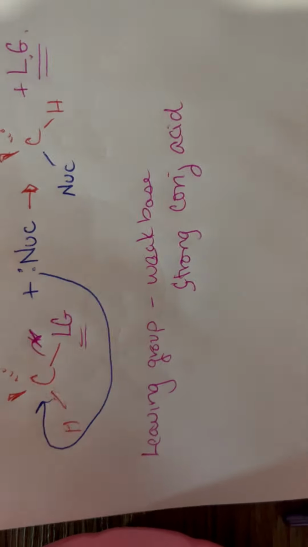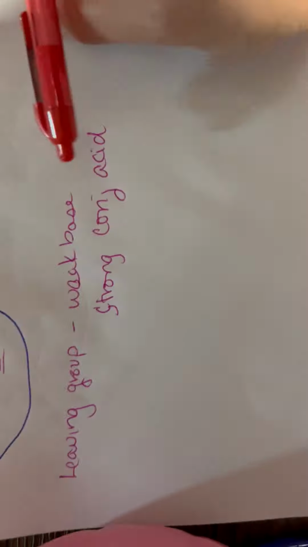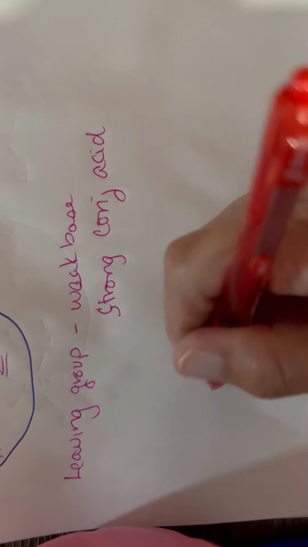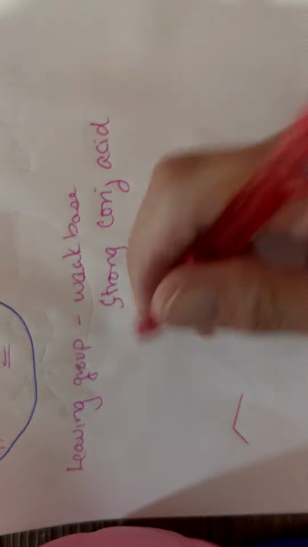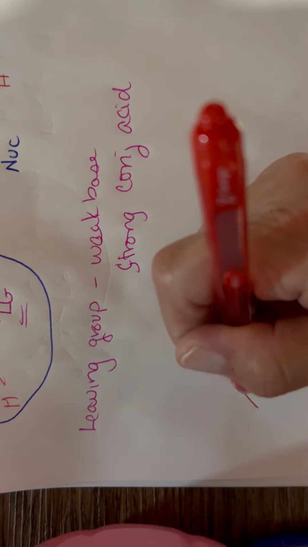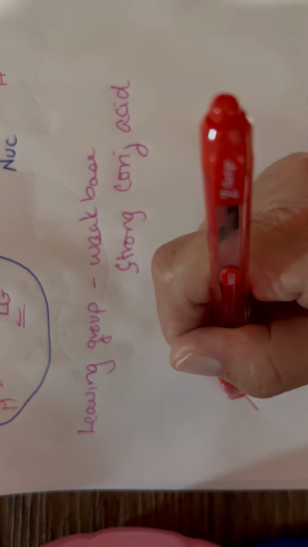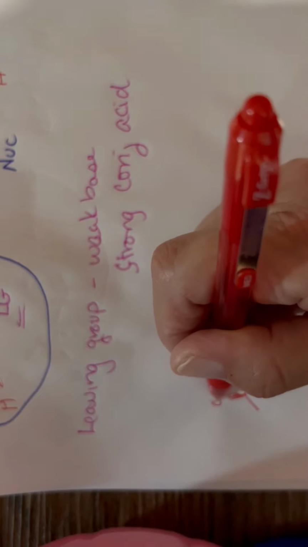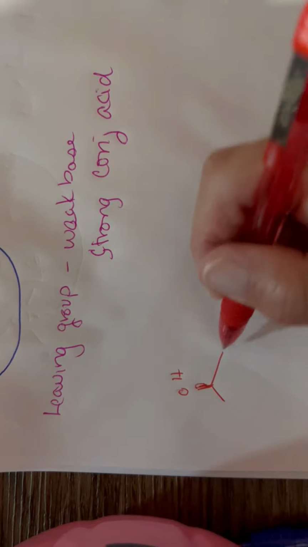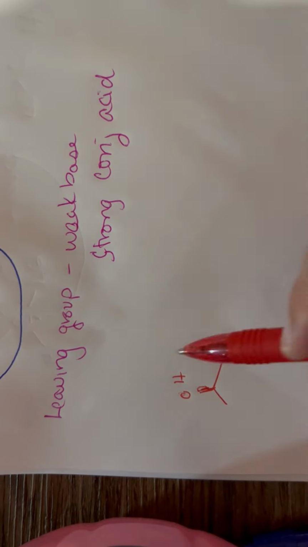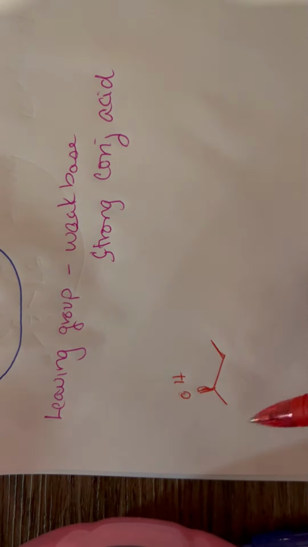Let's compare, and I'm going to move this up a bit. We're now going to look at, and I'm just going to do this as OH. So my OH here, and then it's going to be 1, 2, 3.